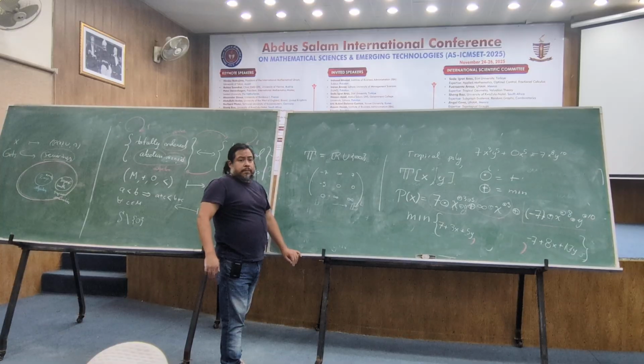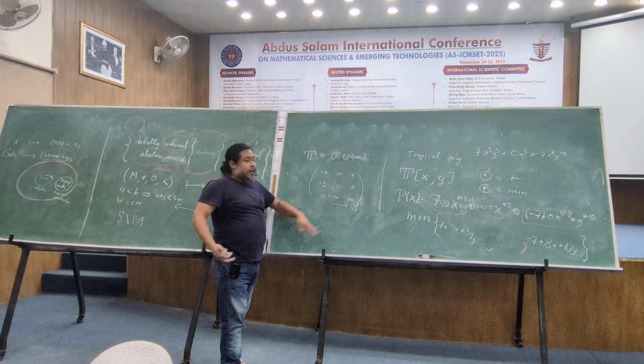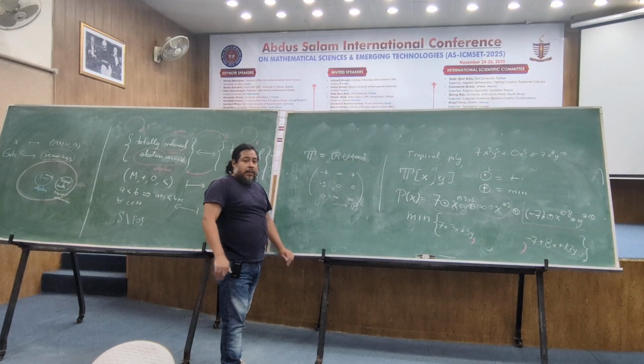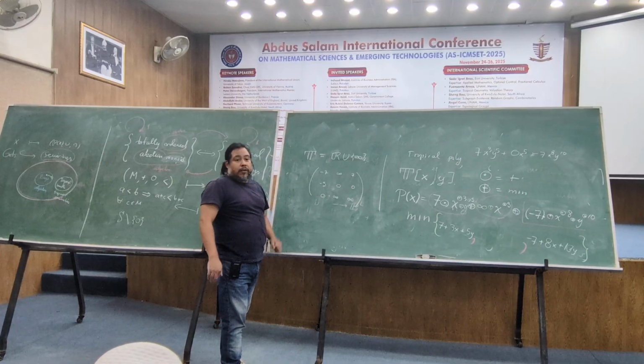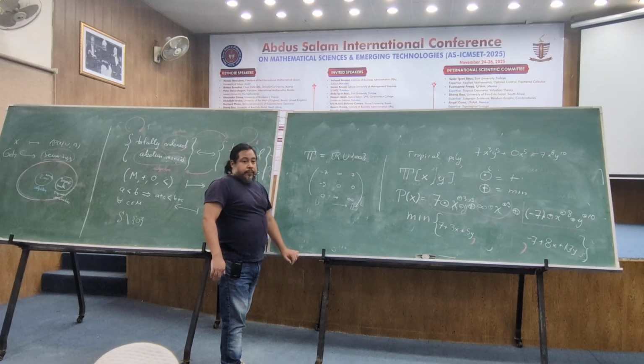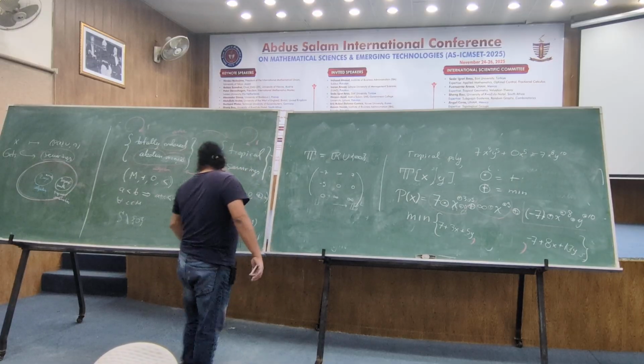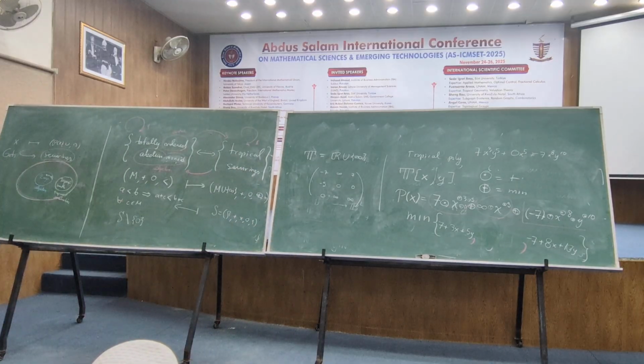But why? Is there a purpose? Is there an application of these ideas to traditional mathematics, to classical mathematics? And the answer is yes. For example, these kinds of things appear in probability theory, in game theory, but I will not discuss that now. What am I saying?